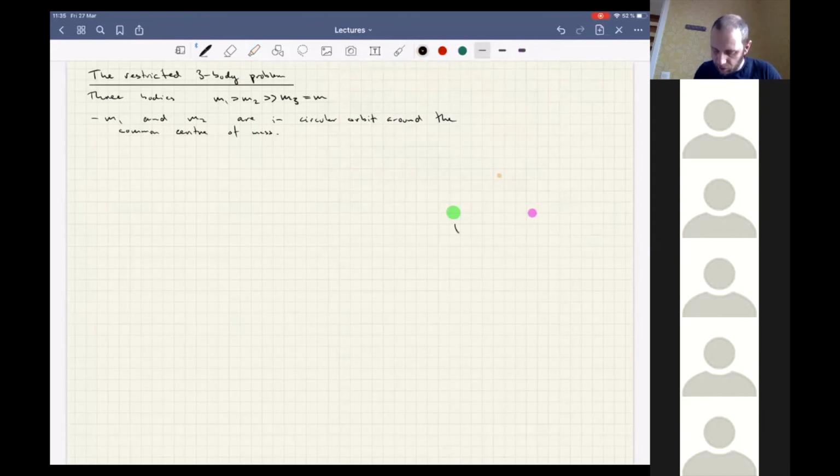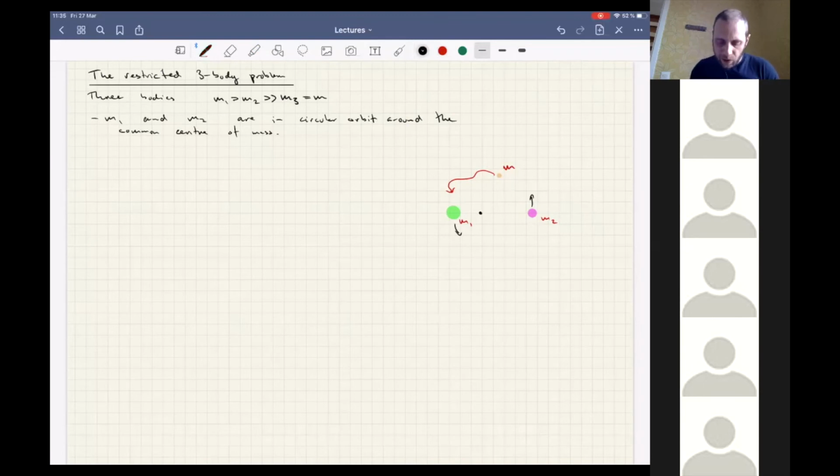So those two guys are co-orbiting some common center of mass, whereas what we're interested in now is the motion of this third mass in the potential created by m1 and m2. So any questions on the setup?